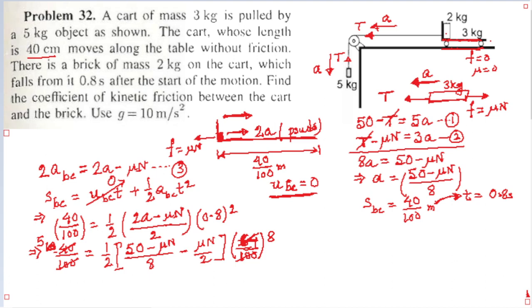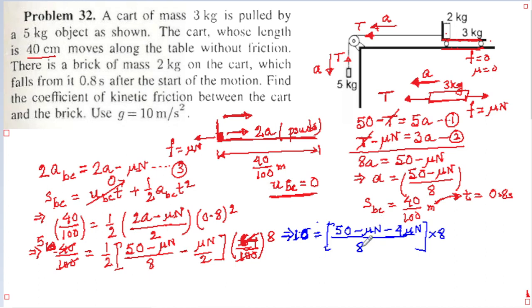We can simplify this equation: the left side is equal to 5, and if the half goes to this side, then 10 should be equal to, with the LCM of 8 and 2 being 8, 50 minus mu n minus 4 mu n, all multiplied by 8.